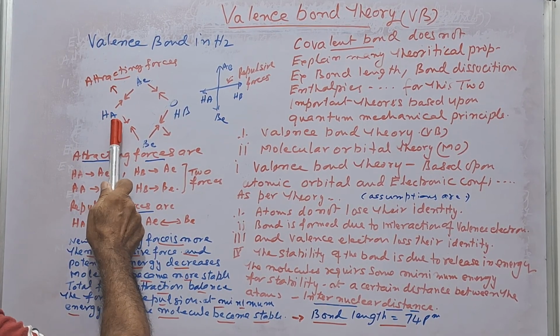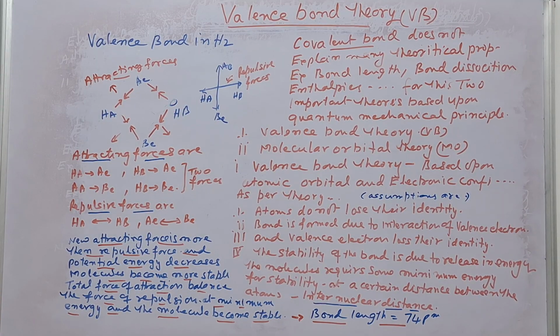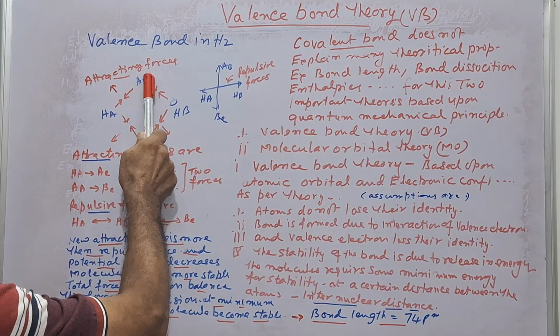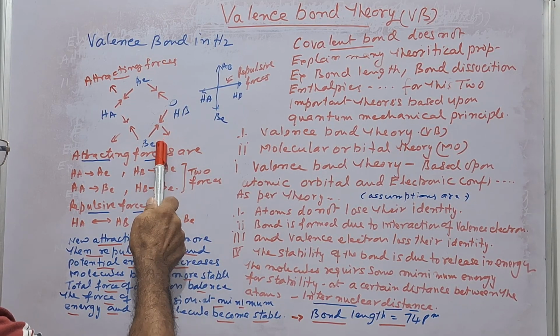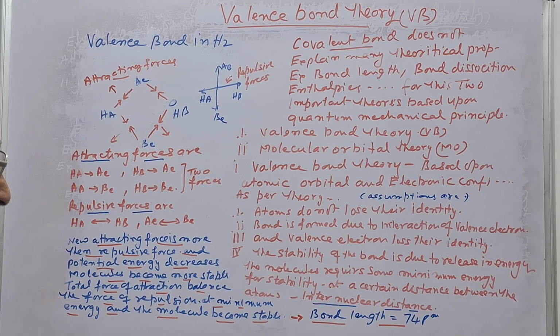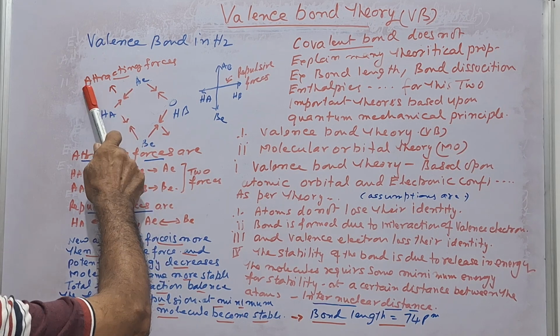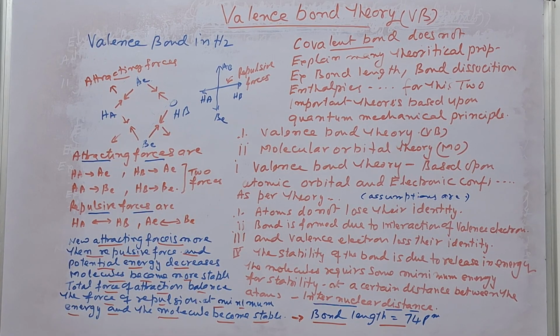two atoms, suppose Ha and Hb atoms. Ha atom has A electron and the Hb atom has the B electron. Now when they come close to each other, what will happen? Attractive forces will be created.